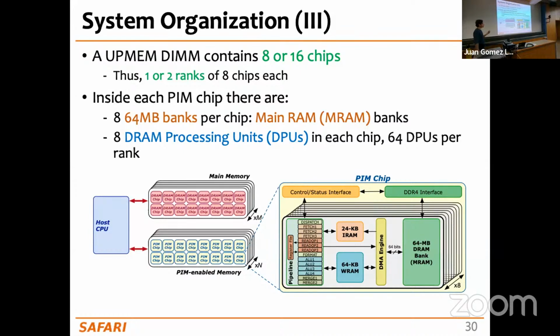We have 64 DPUs per rank, right? The way that each DPU uses the data in its memory bank is completely independent of other DPUs. This DPU here can access the data in this MRAM bank, but cannot access data directly in other MRAM banks. That's one characteristic of this system that is good that you understand as soon as possible.